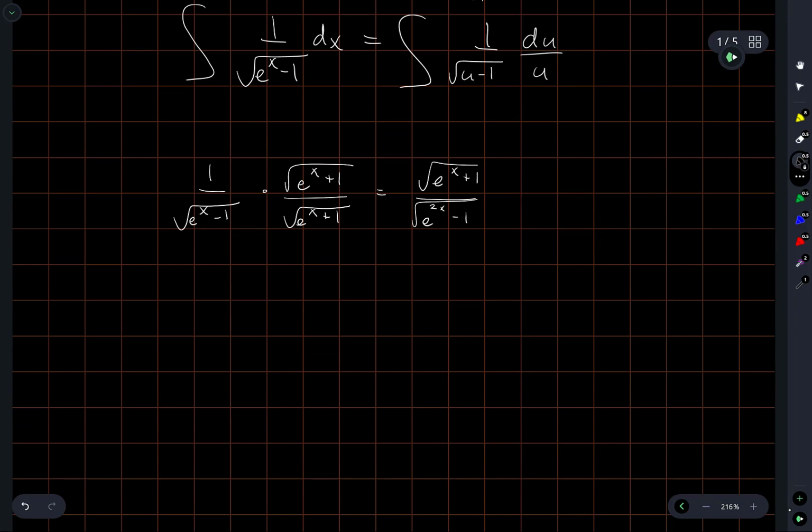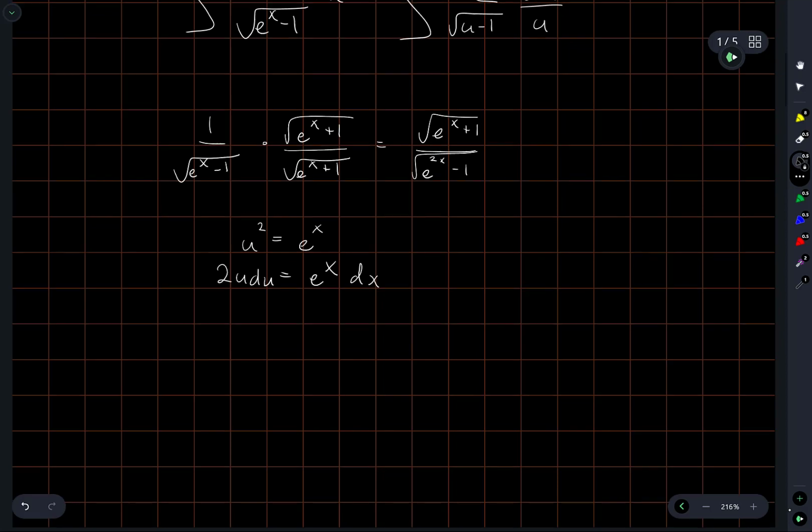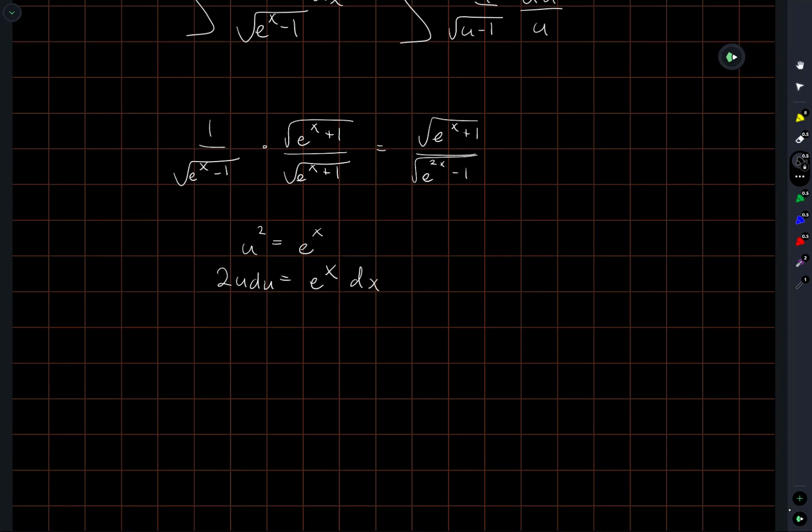What if I let u squared equal e to the x? Then 2u du is equal to e to the x dx, so 2 du is equal to u dx.